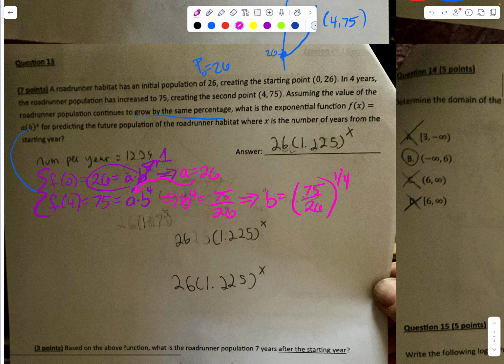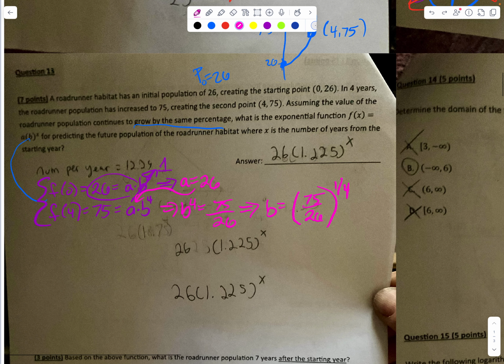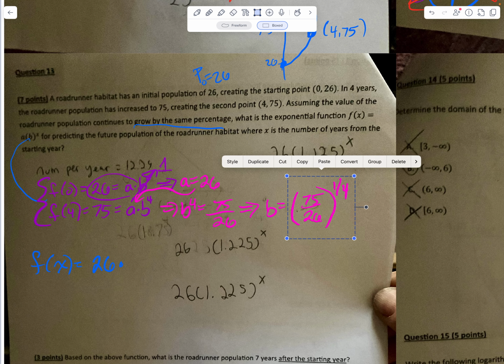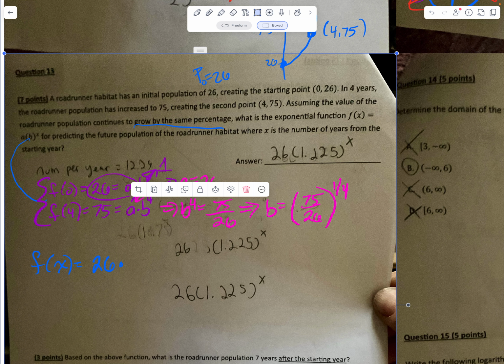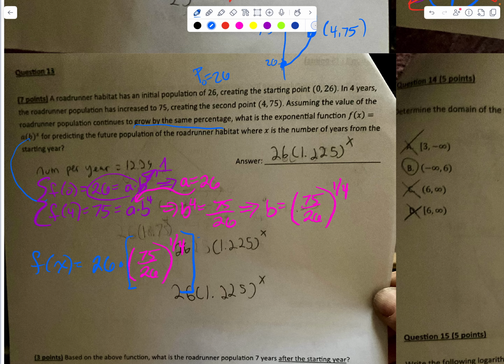So our function, now that we know a and b, would be 26 times b to the 2dx. There you go.